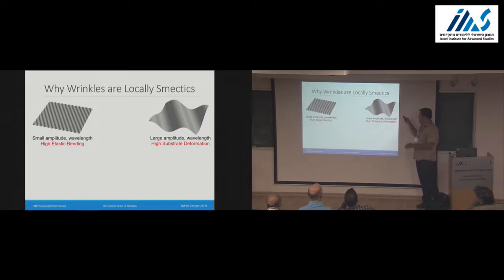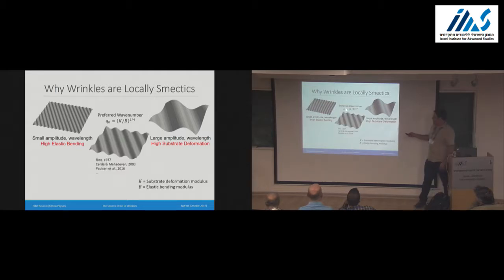On the other hand, it can make one big buckle or a few big buckles or very coarse wrinkles, in which case, in order to absorb a certain excess length, it has to deform the substrate significantly. So there is very low bending energy here, but the substrate deforms a lot, which also costs energy, let's say gravitational energy in the case of a liquid. So between those two, there is some preferred wave number.